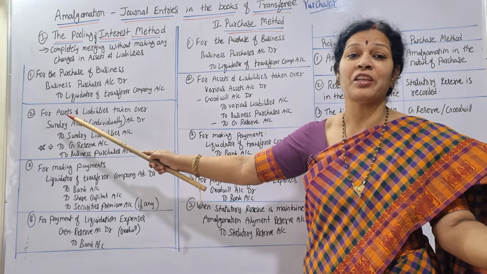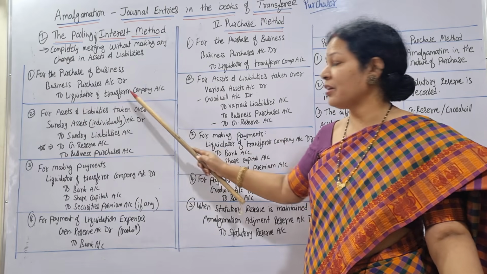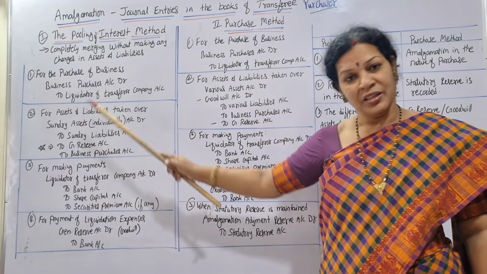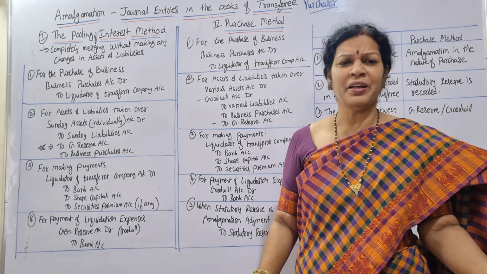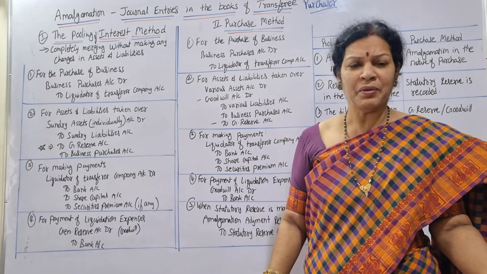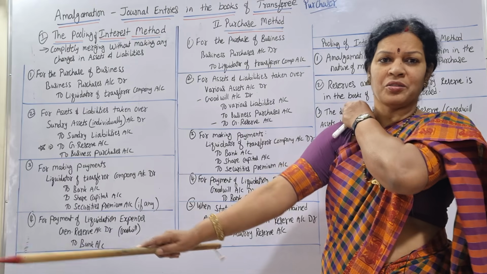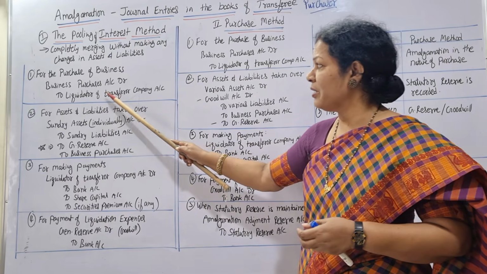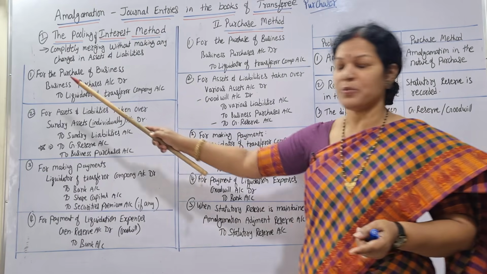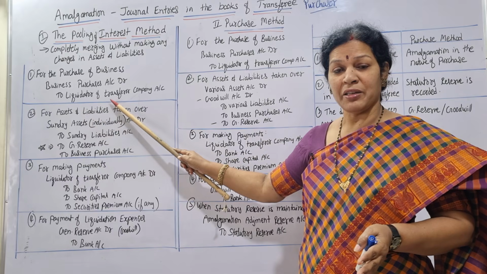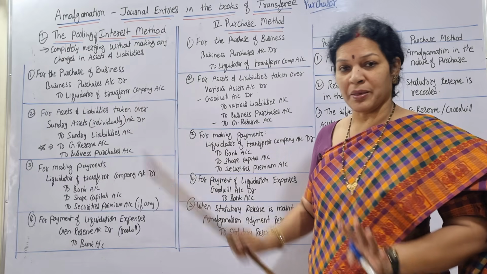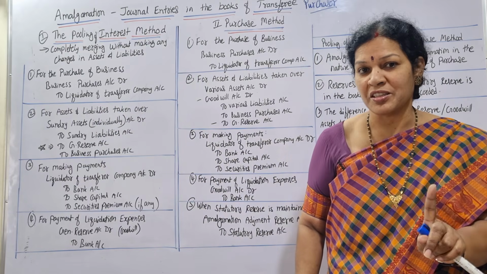Liquidator of transferor company account is credited, meaning the vendor. In simple words, vendor, but we are using typical accounts language. This is the first entry for purchasing the business.